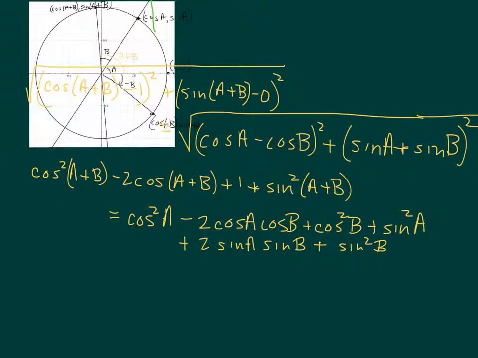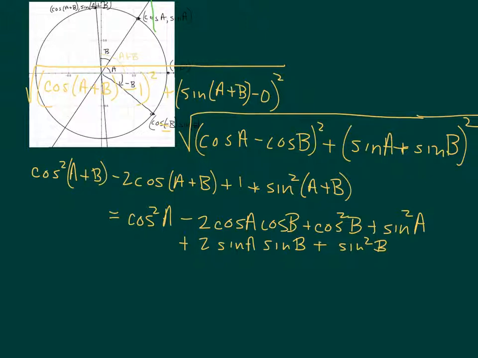Now we know that cosine squared theta plus sine squared theta is equal to 1, as long as that angle is the same. So that includes when the angle is A plus B on the left-hand side, and also we have an angle of A, cosine squared A plus sine squared A on the right-hand side, and we have an angle of B, cosine squared B plus sine squared B on the right-hand side.